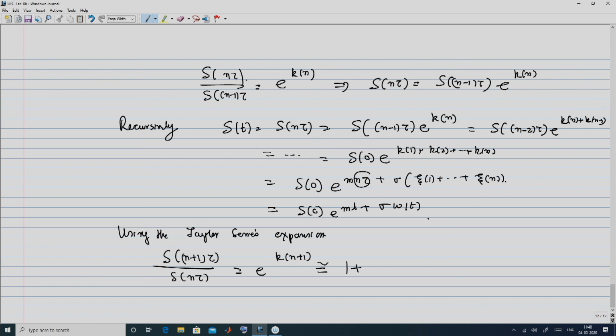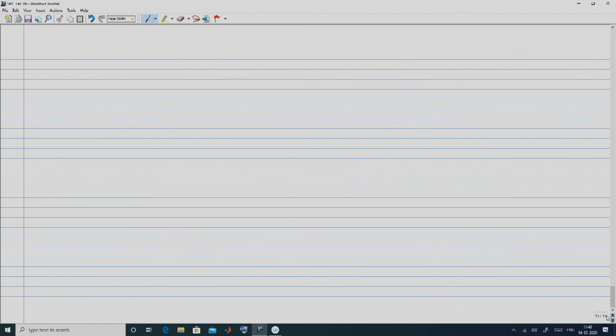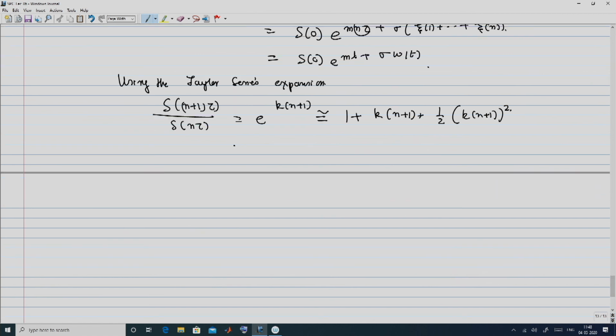So, I can approximate this as 1 plus k n plus 1 plus half of k n plus 1 whole square. We neglect the higher order terms here. So, what I need to take care of is to look at this term first.